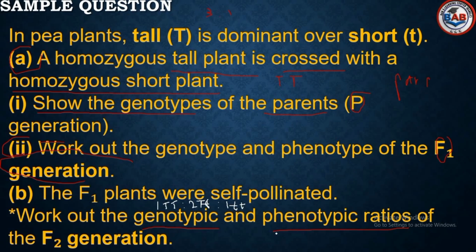That is the genotypic ratio. Now, the phenotypic ratio: 3 offspring are tall and 1 is short, which gives 3 to 1.